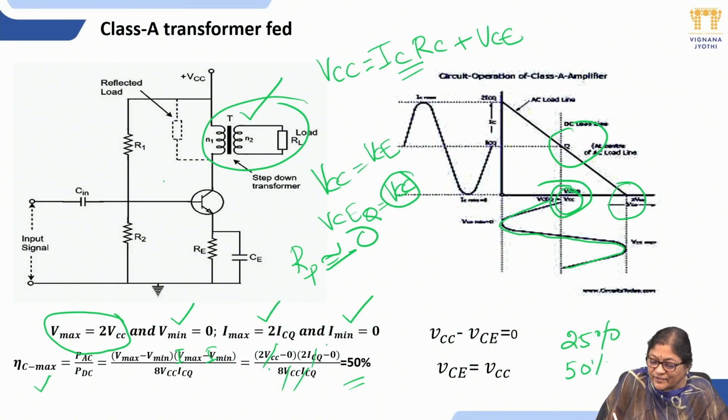You can see the load line: the slope is infinity because RL is 0, 1 by 0 is infinity. That's why the load line becomes vertical, and only this excursion is changed from VCC to twice VCC. So that's why with 50% efficiency, DC power is converted into AC power.